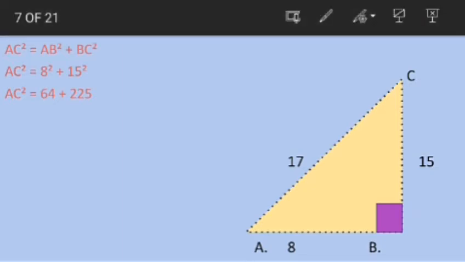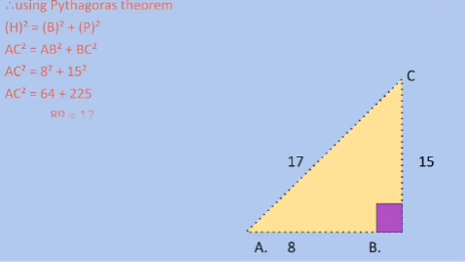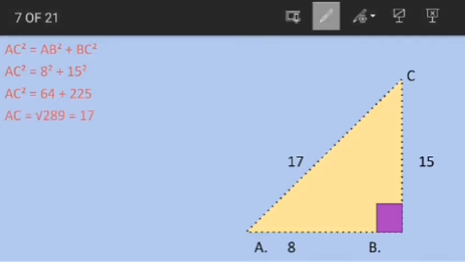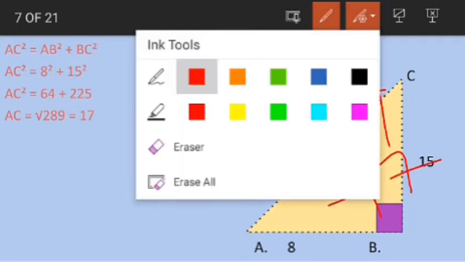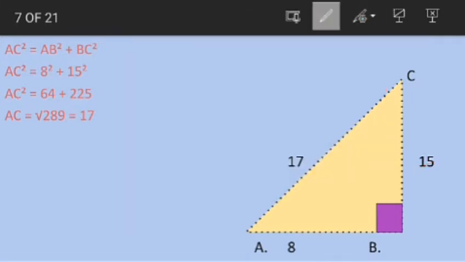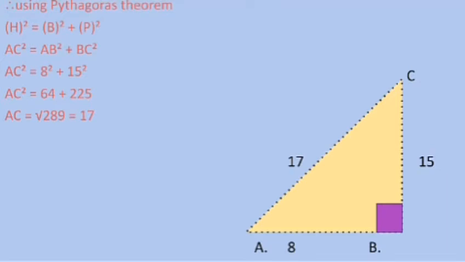Now AC is going to be equal to root 289. The perfect root of 289 is 17, because when you multiply 17 into 17 you get 289. So AC, the hypotenuse of triangle ABC, is going to be 17.